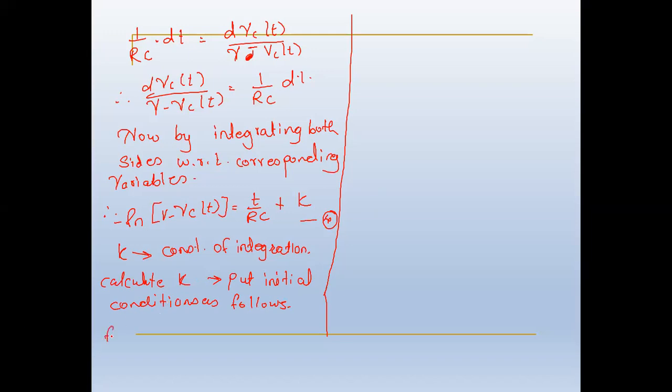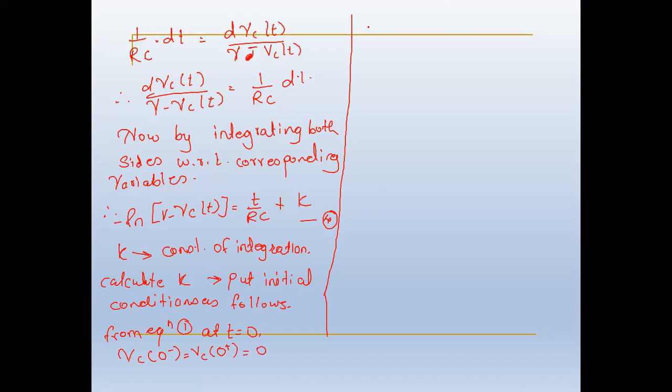From equation 1, at t is equal to 0, we have Vc of 0 minus is equal to Vc of 0 plus, which is equal to 0.